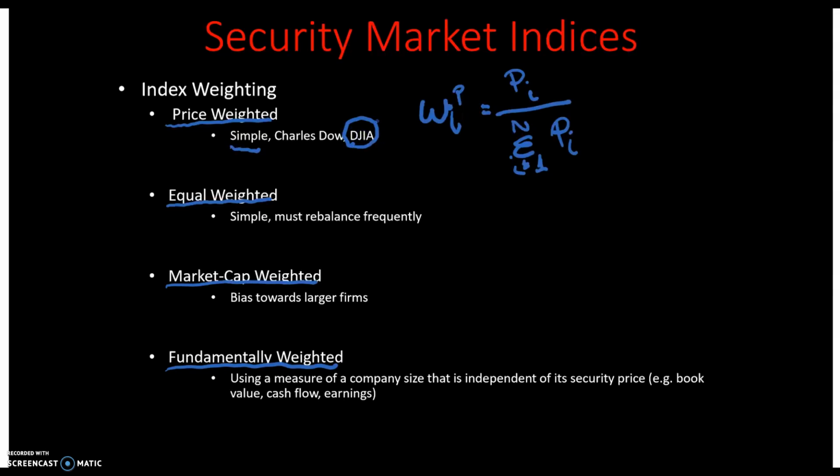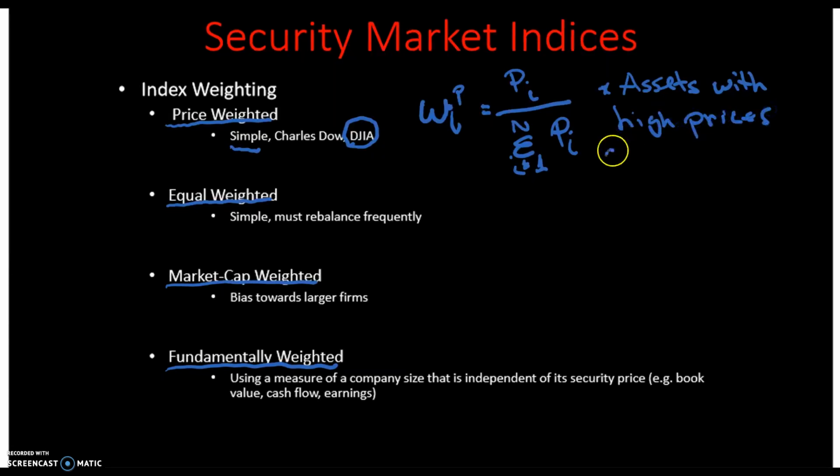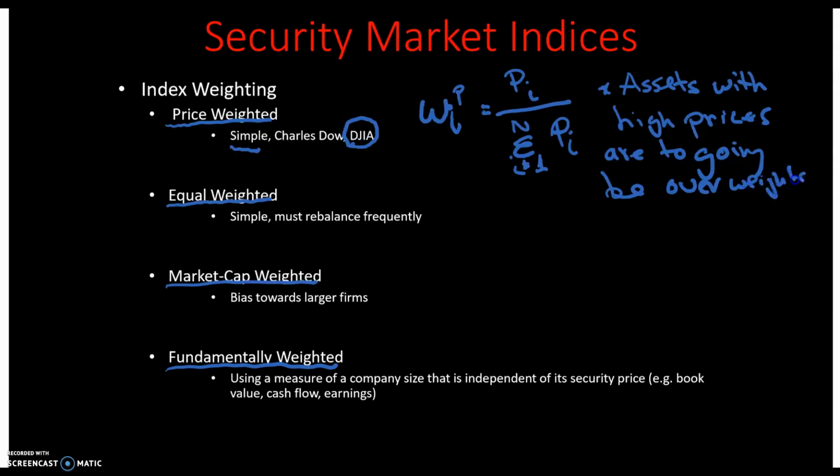Now, there are some specifics here that may throw off the price index. One thing to remember is that assets or securities with high prices are going to be overweighted in this type of index.